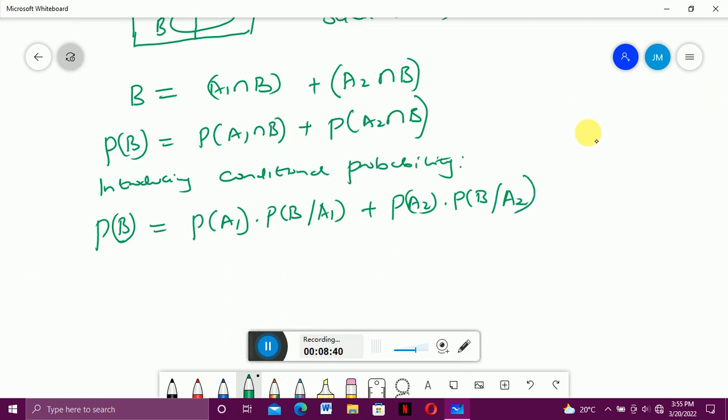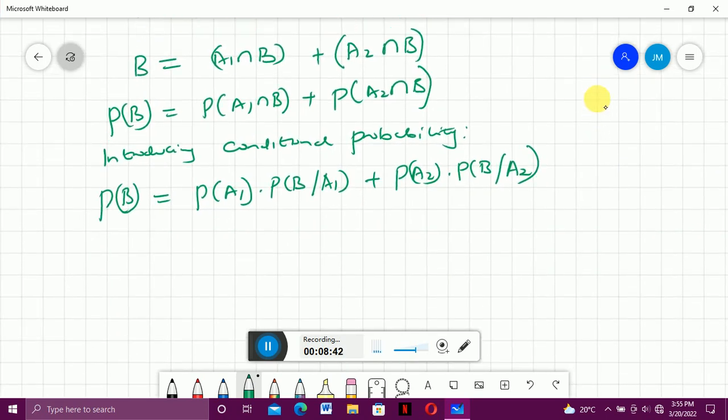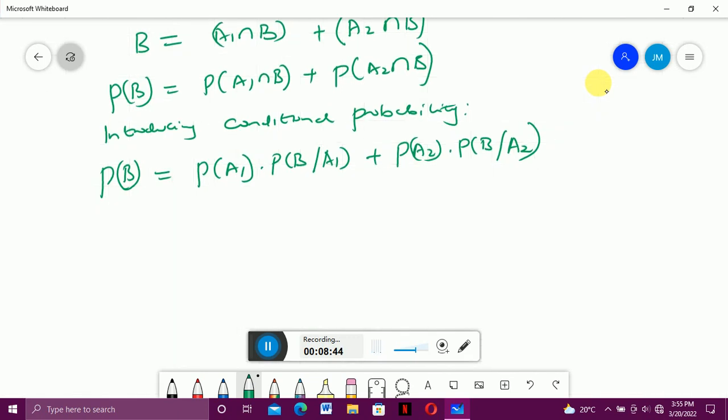So once we have them like that, we already have total probability rule.